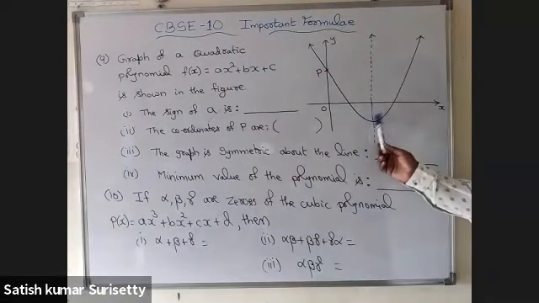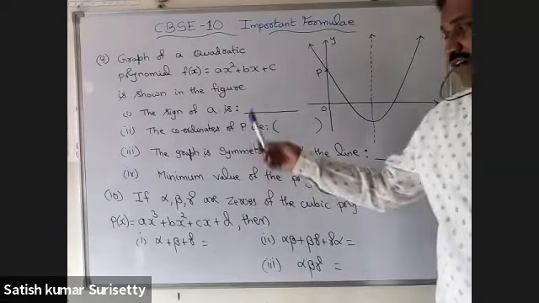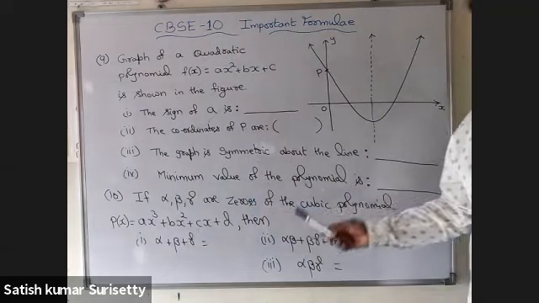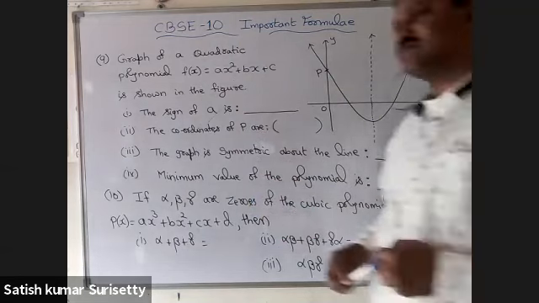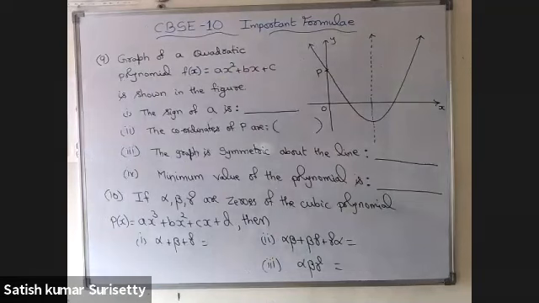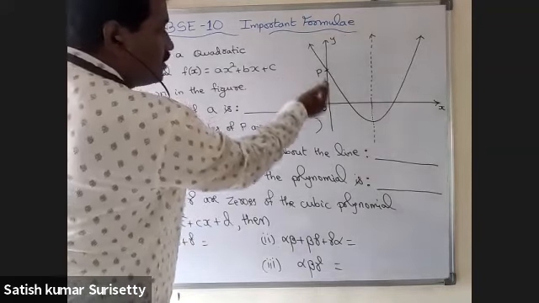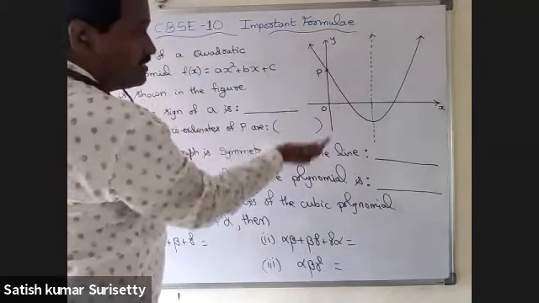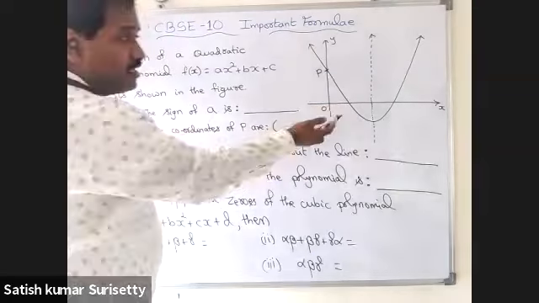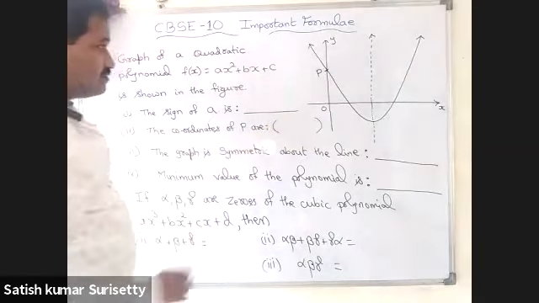Observe the graph and try to answer it and then verify. So here, the graph of the quadratic is open upwards. That is, the shape is a parabola which is open upwards.